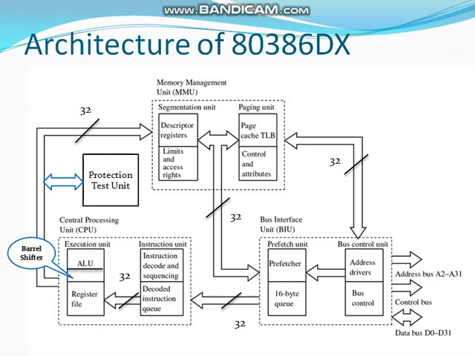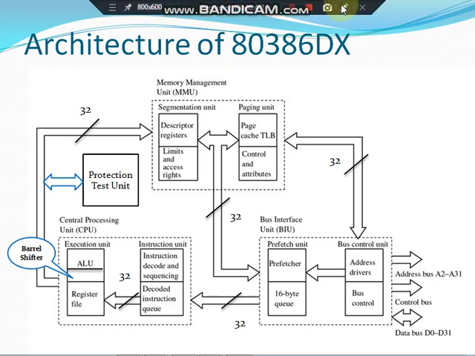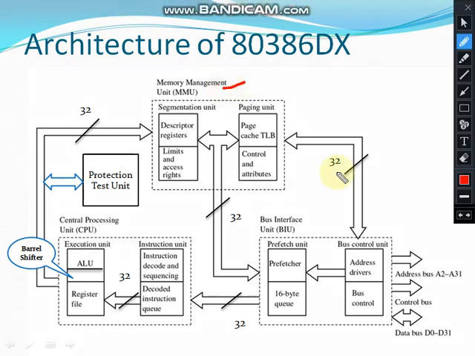Now this is the simplified block diagram of the 80386 microprocessor. It is basically divided into three different units: the memory management unit, then bus interface unit, and central processing unit. But for the sake of understanding, we are dividing it into six different blocks.